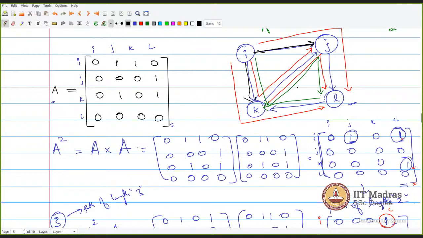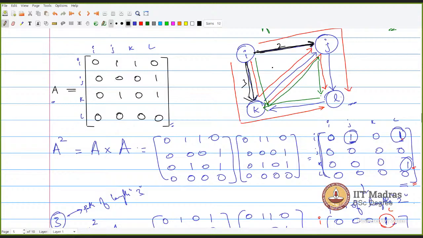If I give some weight 2 to this and weight 3 to this, now this edge from I to J is different from this edge I to K in terms of weight or distance. That is where the weighted edges concept comes into play. Even in real scenarios, most of the graphs we have are weighted graphs.